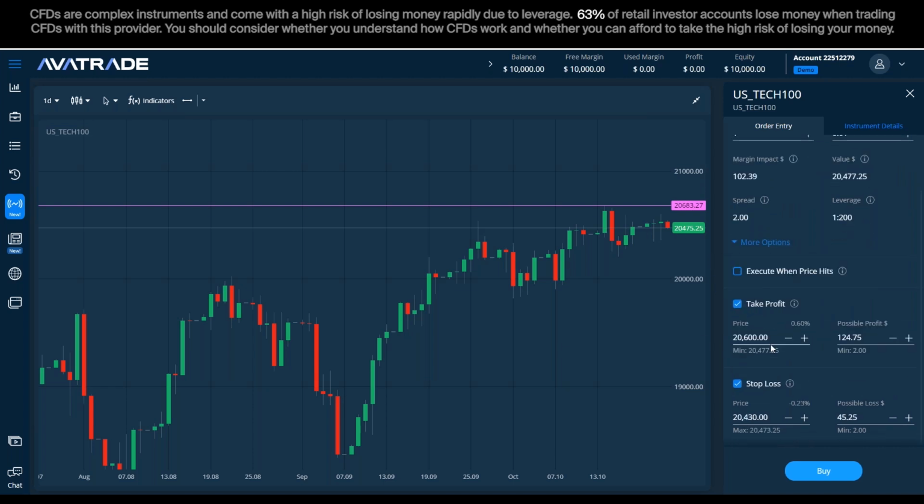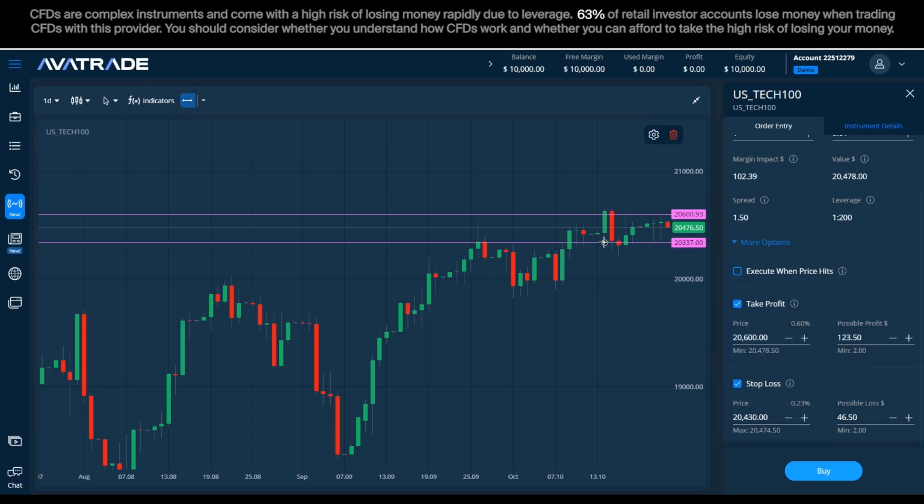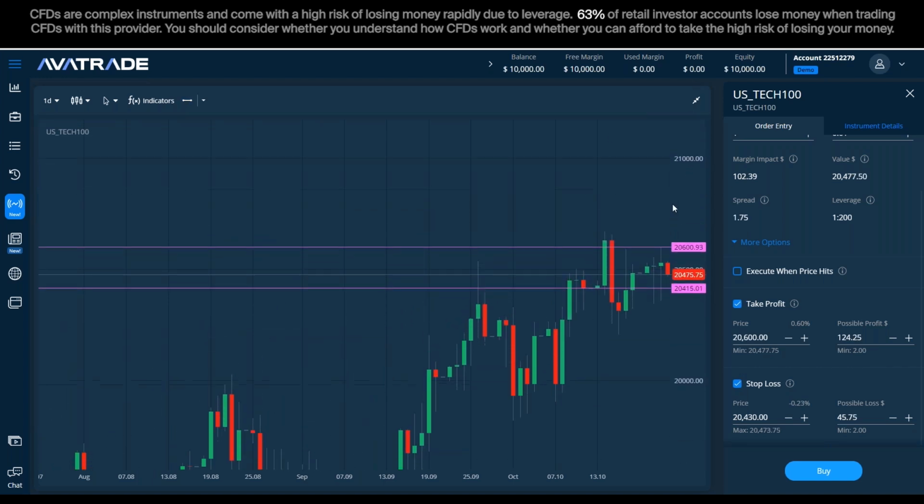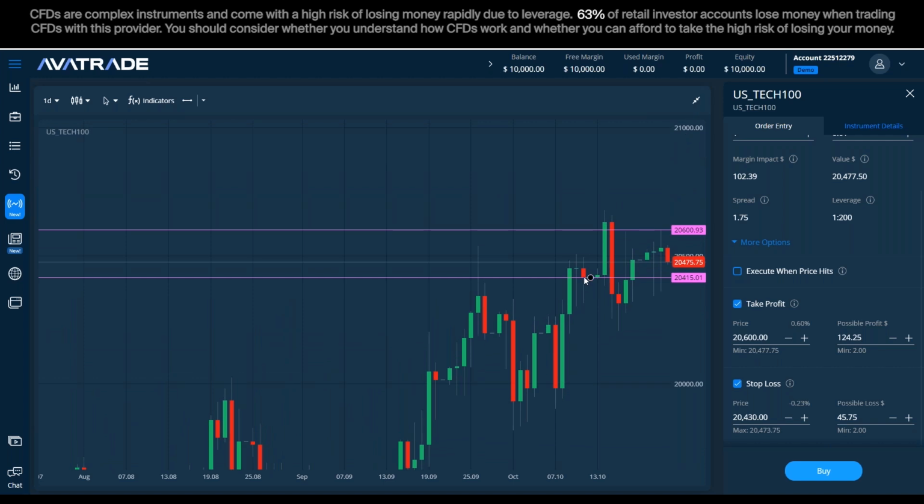Let's see. Okay, so in the buy scenario, there is something called take profit. We'll understand in a minute what it means. There is something called stop loss, vice versa. 430, that's approximately here. Maybe just a little higher.